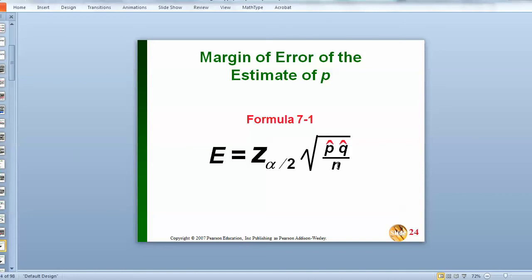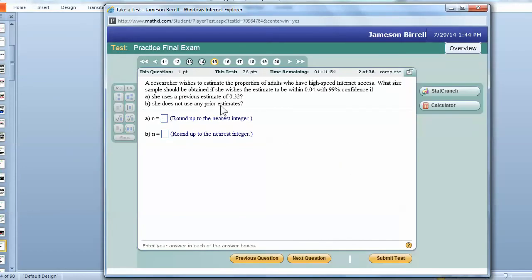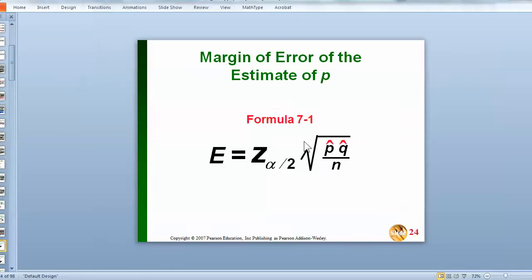On the flip side, the second part is, what if she doesn't have any prior estimates to go off of? What would you use for p hat and q hat? You've got the E value, 0.04, because that's how strong she wants the tolerance to be. She's got the confidence level, 99%, so that's going to be a z score of 2.575. But she doesn't have any previous results to put in right here.